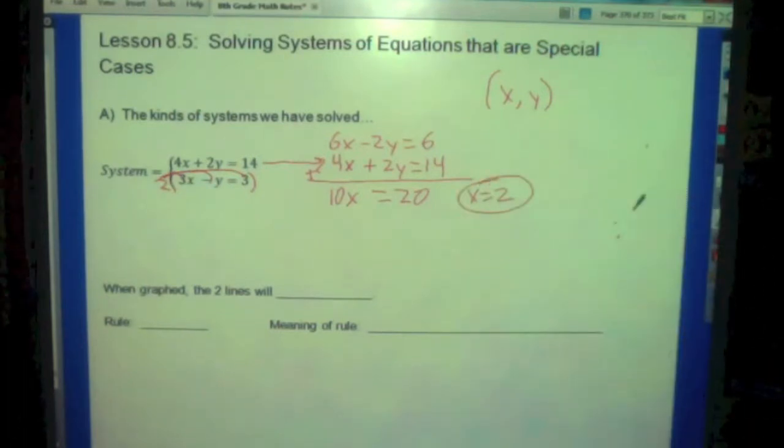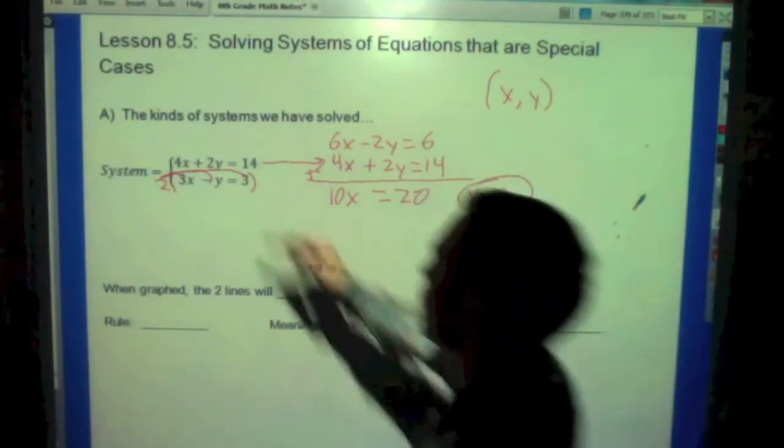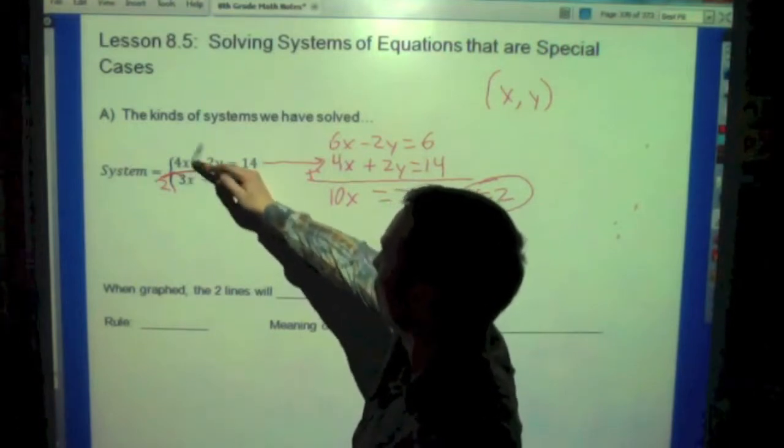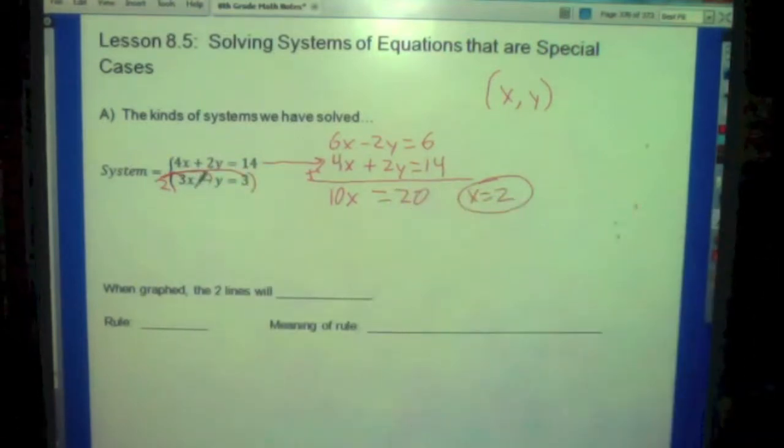Now I have my x coordinate. What I need to do is take 2, and I can either put it into this equation or the second equation. I'm going to substitute it for x so that I can find out what y is by doing some algebra.